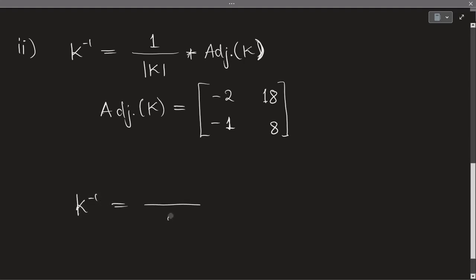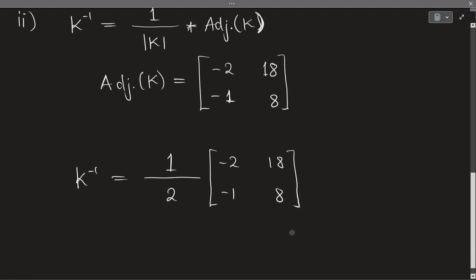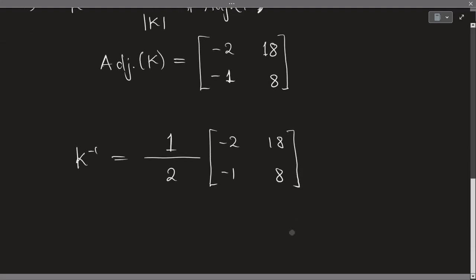We've been given the determinant as 2, so we simply just multiply this like this: 18, -1, and 8. Here we have a case where most of the elements of our matrix are divisible by 2. These are one of those rare cases where I'm going to multiply each of the elements by the number outside, which is usually a fraction.